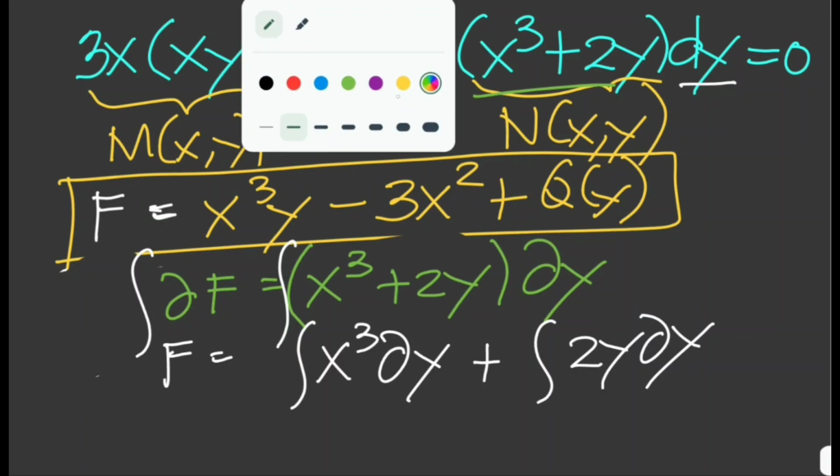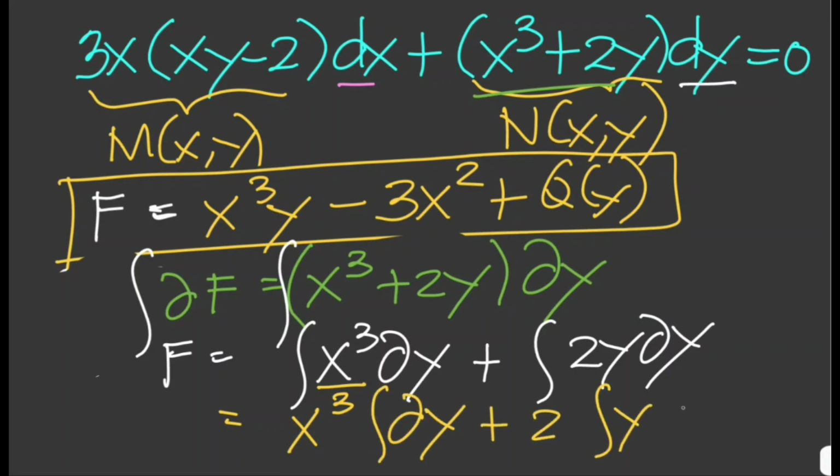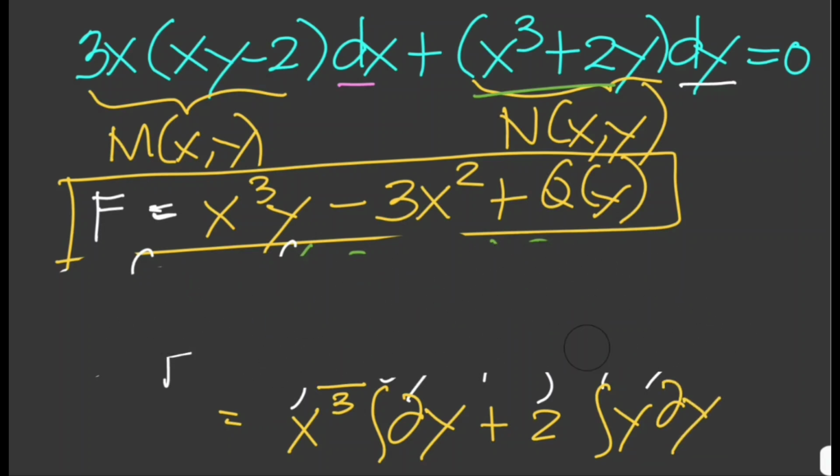We are integrating in terms of y. So x cubed here will be considered as a constant, so we can put that outside. Integral of dy plus 2 times the integral of y dy. Right. This is our f.